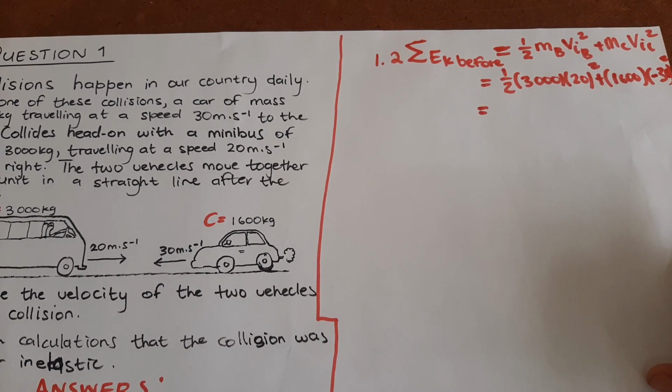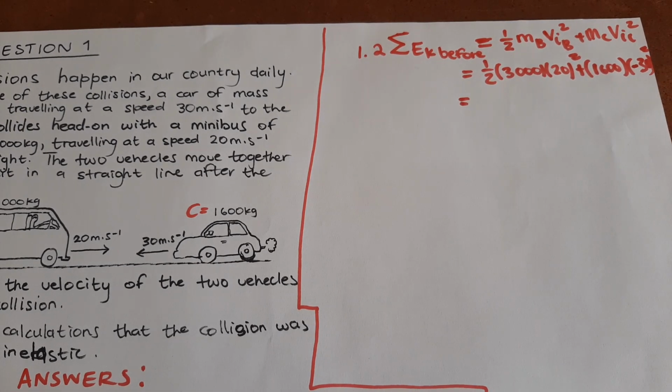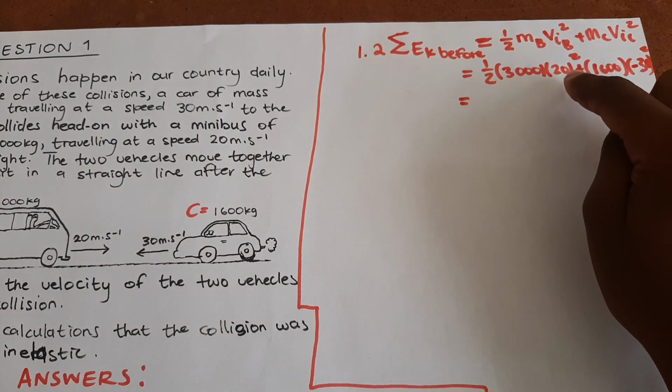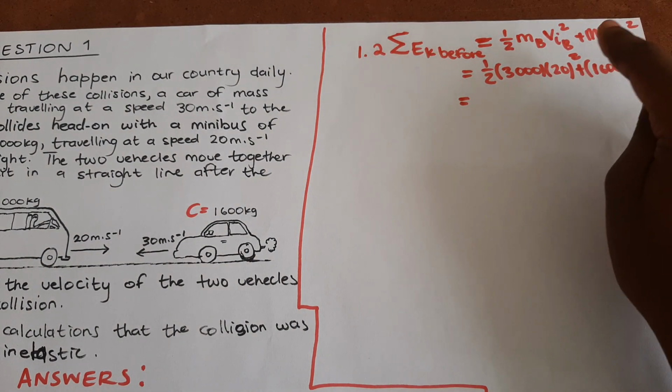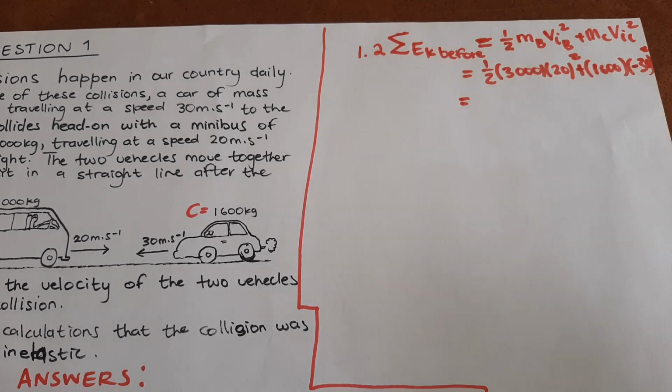Would you mind please punching this on your calculators, guys? So half, open bracket 3000 close bracket, open bracket 20 close bracket squared, plus 1600, open bracket negative 30 squared close bracket. That's it.